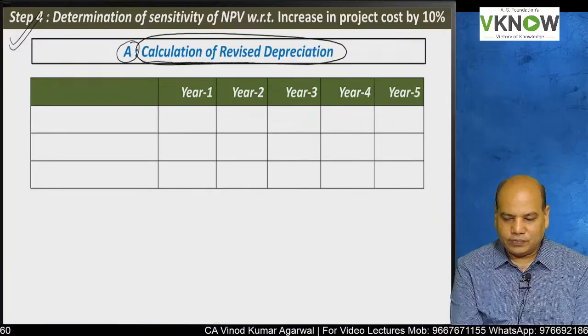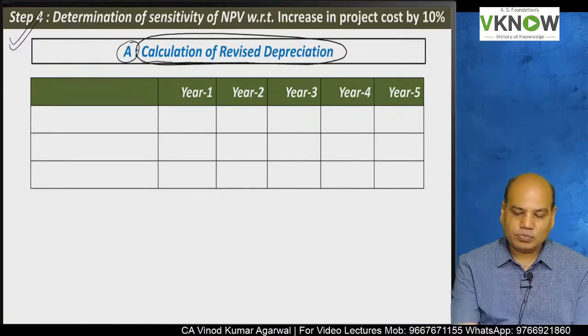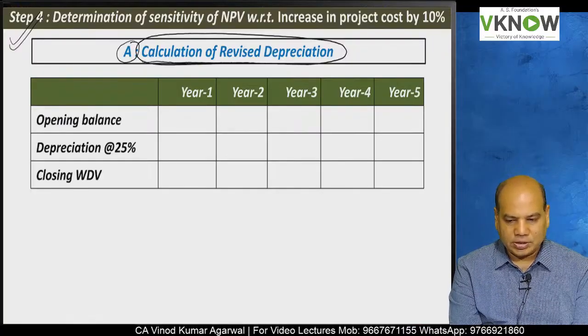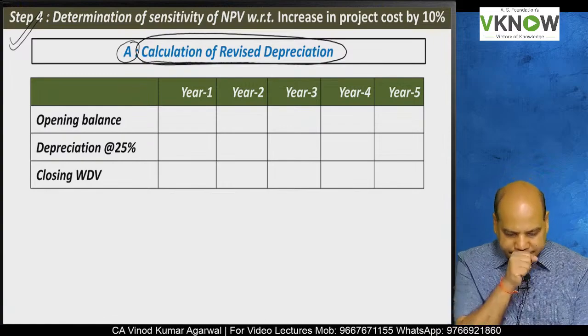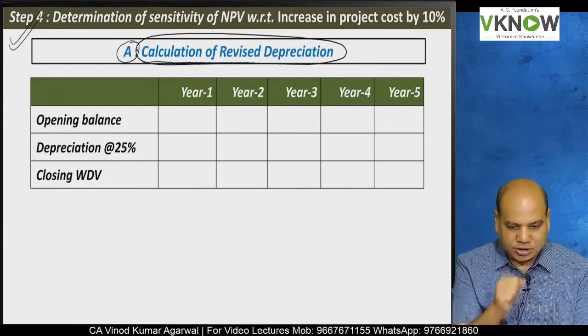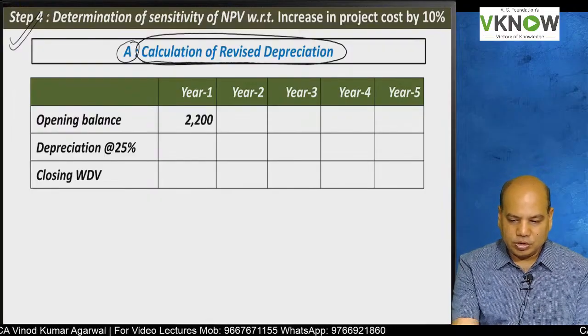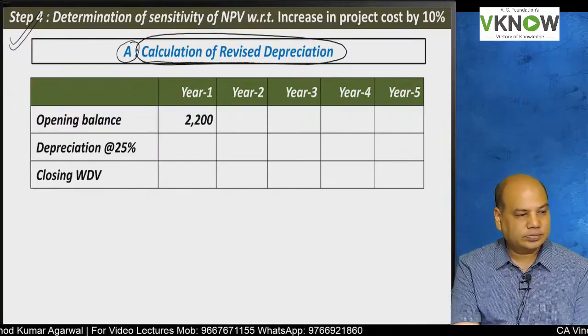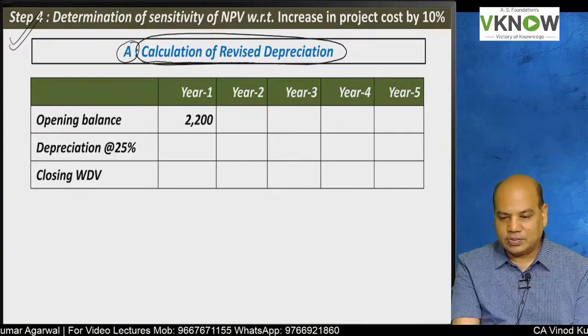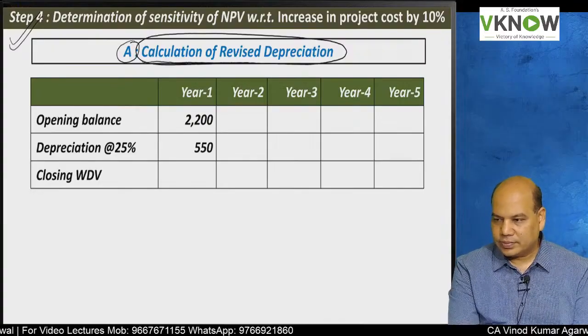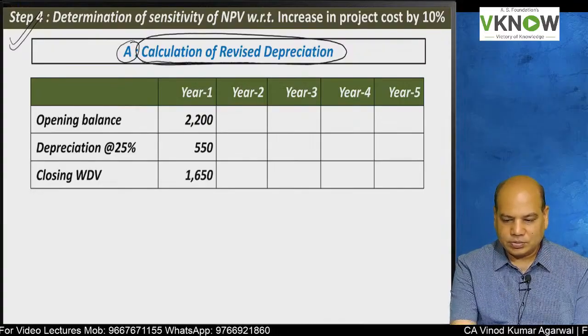Year 1, 2, 3, 4, 5, and you will write opening balance, depreciation at 25%, closing WDV. Opening balance, you start with 2200 and now you complete the table. 25% is 550, balance 1650.